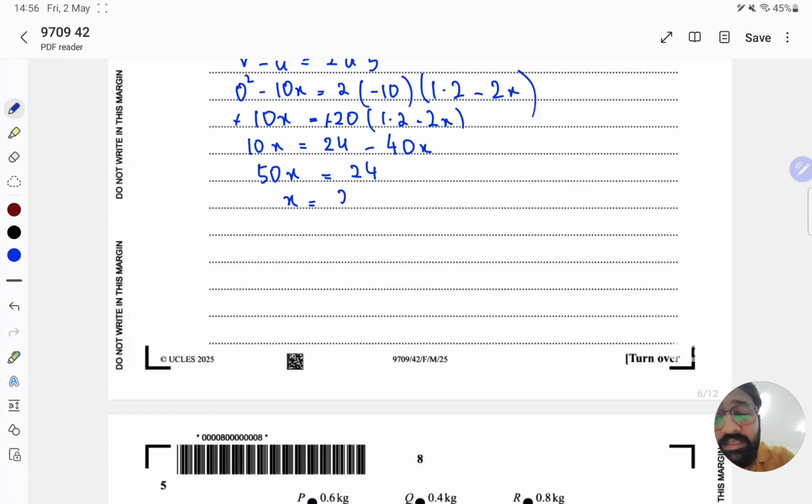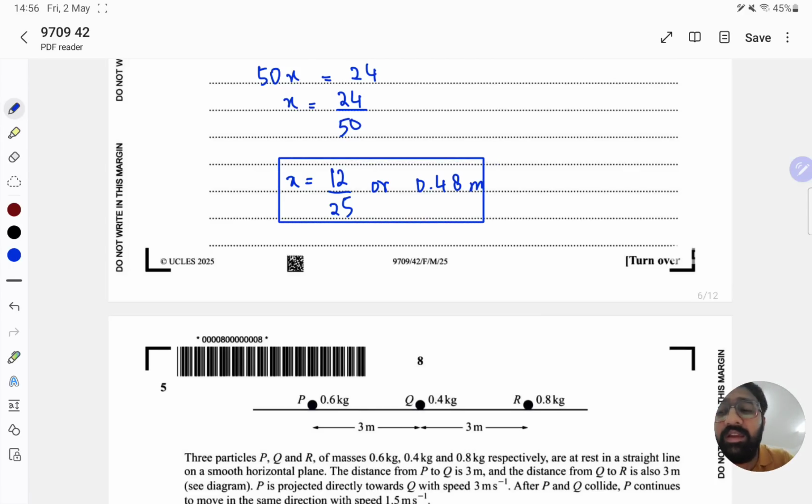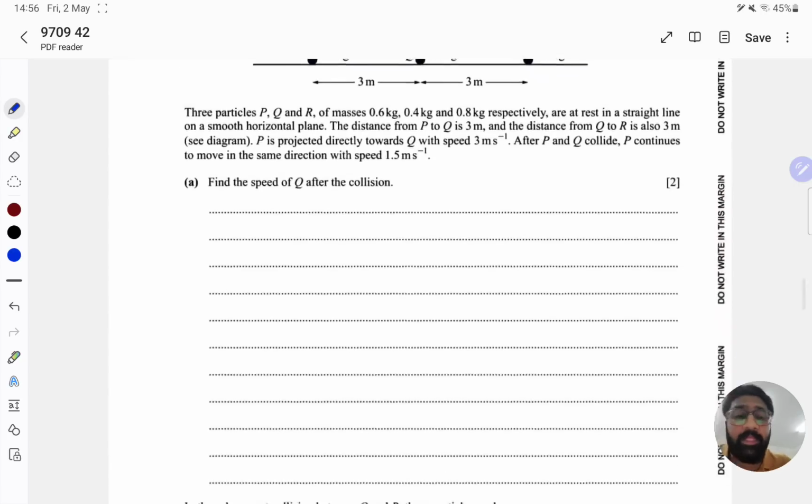The value of x will be 24 divided by 50, which is 12 by 25, or 0.48 meters. This is the height that the objects A and B both are above the ground.